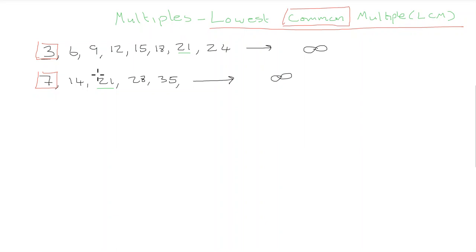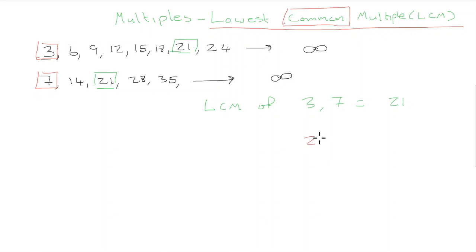Now, it so happens that 21 is the lowest common multiple. It's the lowest common multiple of 3 and 7. So the LCM of the numbers 3 and 7 is equal to 21. That's the lowest common multiple. Another way to think about it is that 3 and 7 will divide into 21.